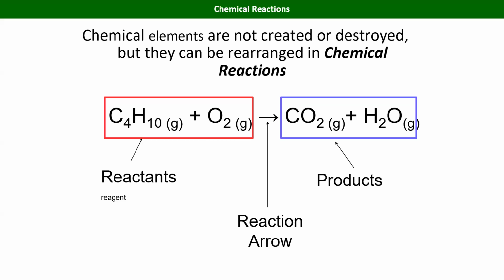All that can happen is we can rearrange them. And when we rearrange chemical elements from different elements or compounds, we do so in a chemical reaction. That's our definition of a chemical reaction: we took some starting material and made new compounds or elements with it.